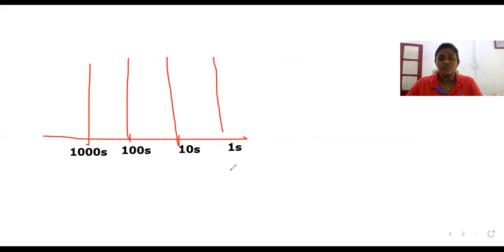Instead of ones, tens, hundreds, thousands, we can say 10 to the power 0, 10 to the power 1, 10 to the power 2, 10 to the power 3. 10 to the power 0 equals 1, 10 to the power 1 is 10, 10 to the power 2 is 100, 10 to the power 3 is 1000.